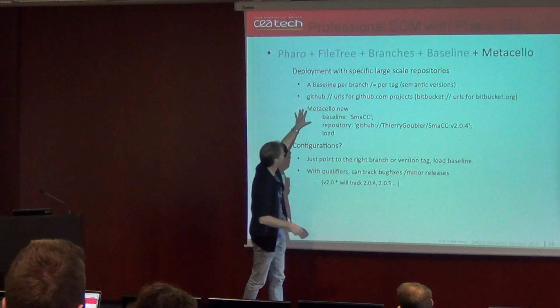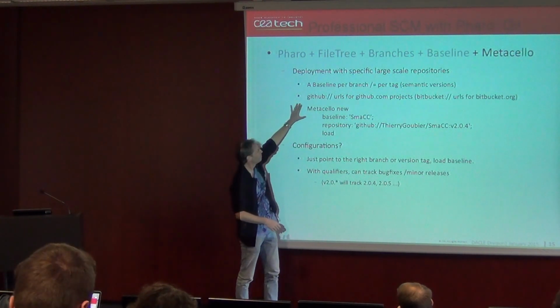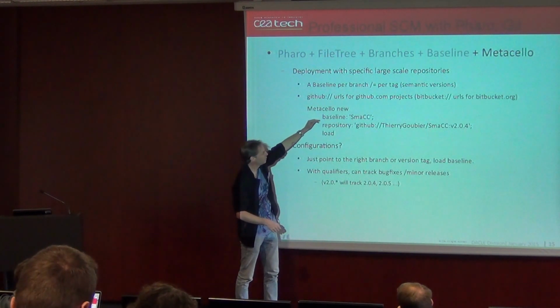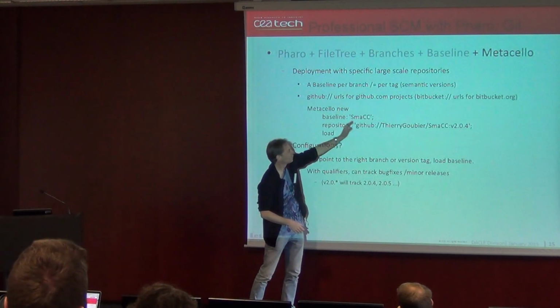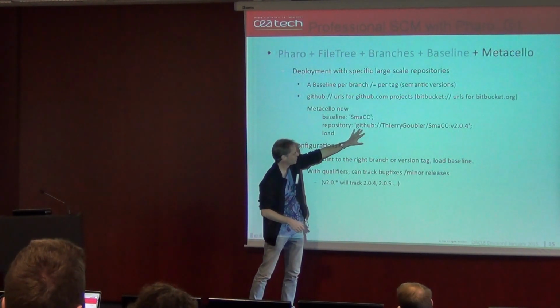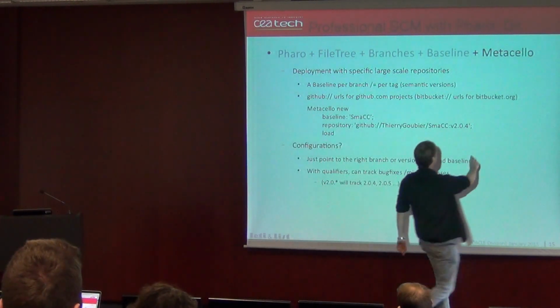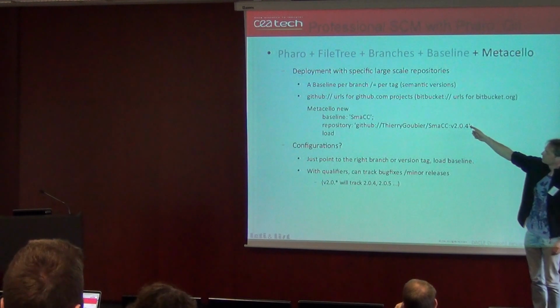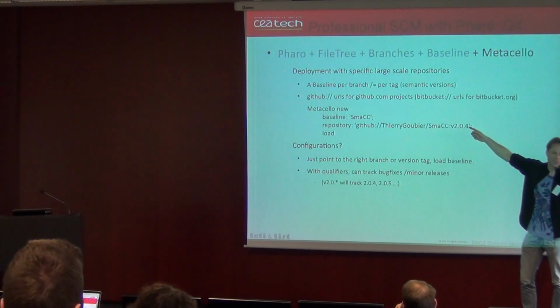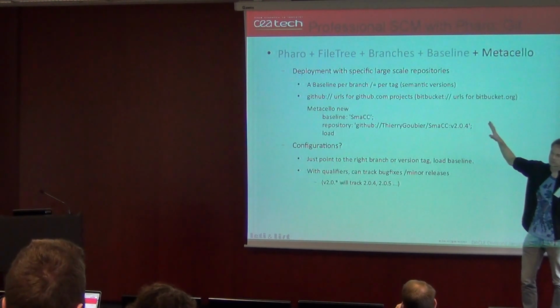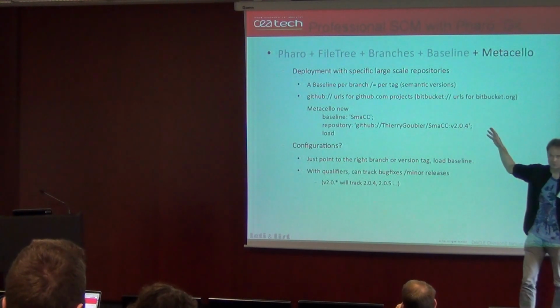And then you just say Metacello new, baseline SMRCC, that's an example, repository, you use a GitHub URL, and you say the version you want. Behind that, it's going to load around 10 to 12 packages.